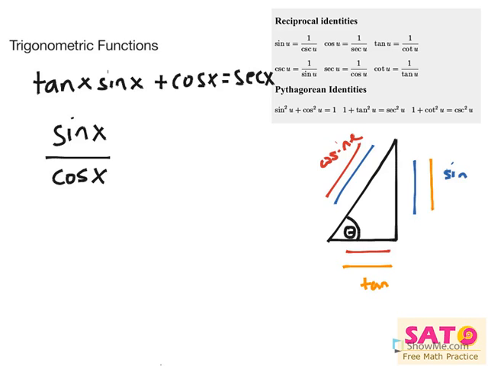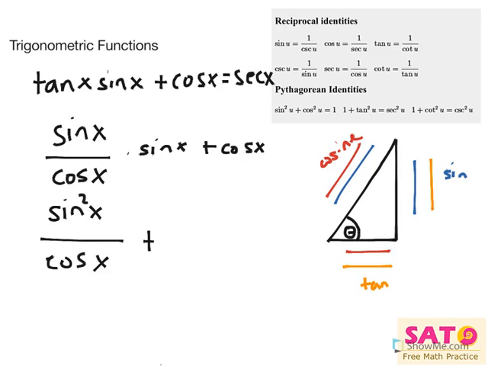So we have tangent covered, so sine x over cosine x times sine x plus cosine x equals, what's the next step here? Well, we can actually say that we want to multiply these two sines together and get sine squared x over cosine x plus cosine x.